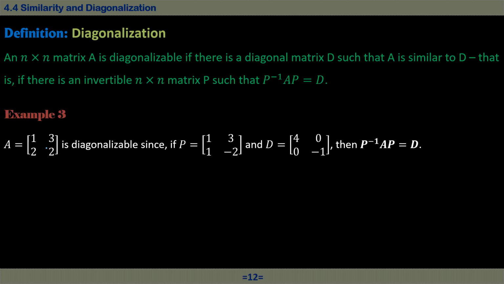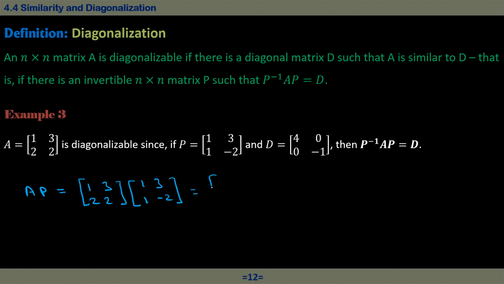So A is this matrix whose components are 1, 3, 2, 2, and it is diagonalizable since if you find this matrix and multiply by this, the result is, what is it? A diagonal matrix. Why? If you evaluate this, what is A times P? A times P is 1, 3, 2, 2 times matrix P, which is 1, 3, 1, minus 2.